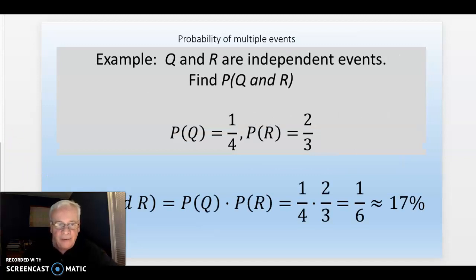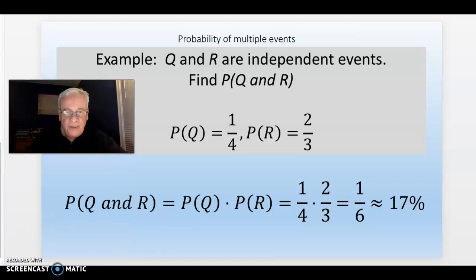Let's look at another example. Guys, Q and R are independent events. Find the probability that they both happen. Again, probability of Q is 1/4. Probability of R is 2/3. Multiply them together. Remember, when you multiply fractions, you just multiply the numerators together, multiply the denominators together, and simplify.